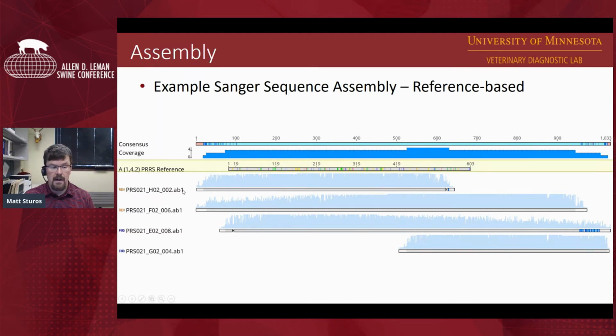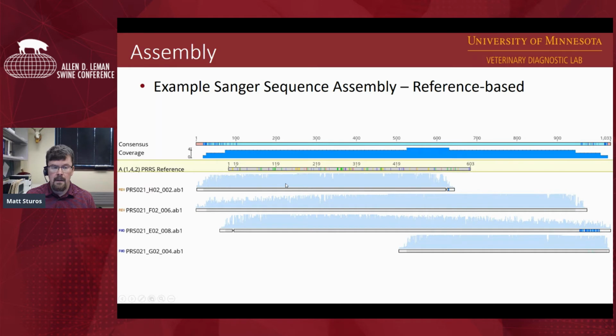Each one of these is an AB1, the trace files, and they're stacked up on top of each other and compared along each position to see what base is in there. You'll notice that many of these are not the full 603. They get chained together to create the full sequence. This is an example of how a Sanger sequence would get assembled.